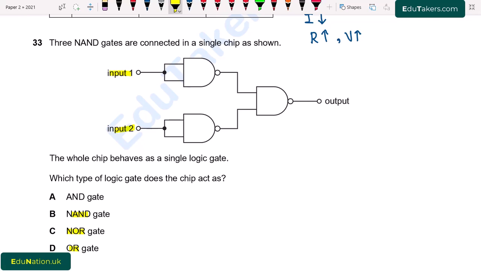So first of all, we can check which gate is here by putting in the input values. If I suppose that inputs are 1 and 0, then what will happen? If input 1 is 1 and input 2 is 0, then there will be 1 and here will be 0 and 0. This gate is actually a NAND gate. This is also a NAND gate.